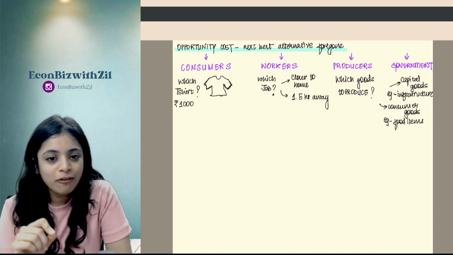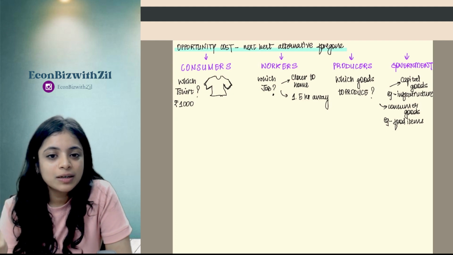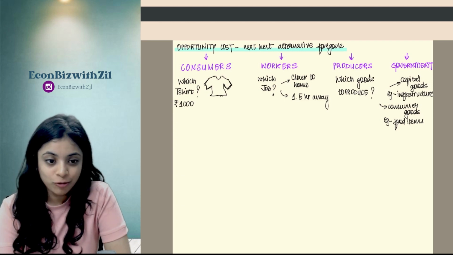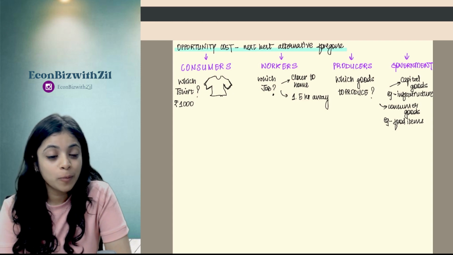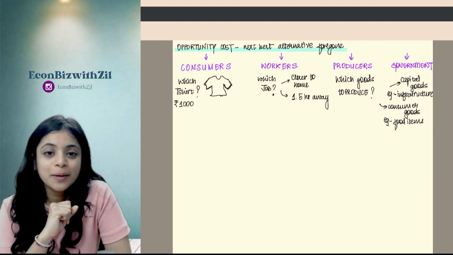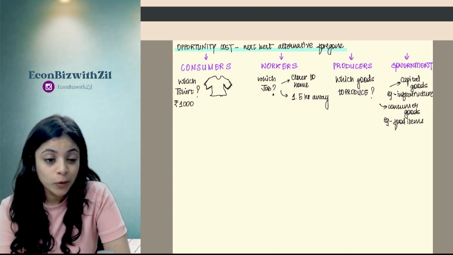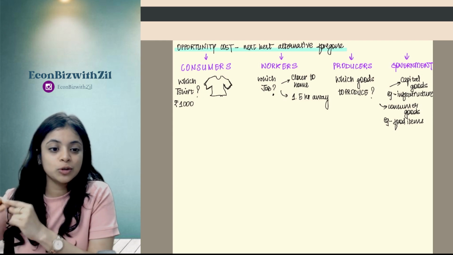So, starting off with consumers, consumers face an opportunity cost when they have to decide which shirt to pick. And always we look for options where our opportunity cost is lower. Again, repeating, what's my opportunity cost? It's my next best alternative that I forego. So what is the next best alternative after this, which I'm foregoing?